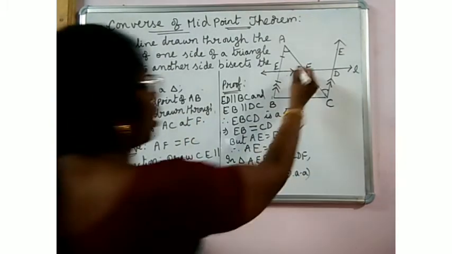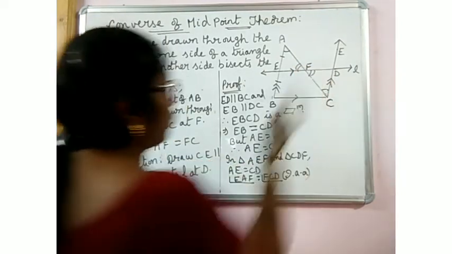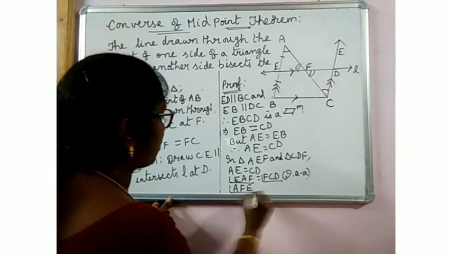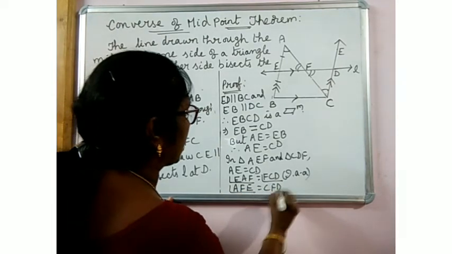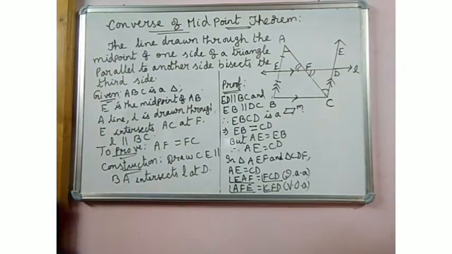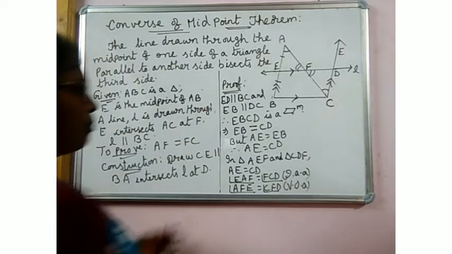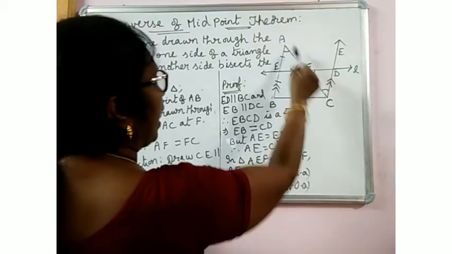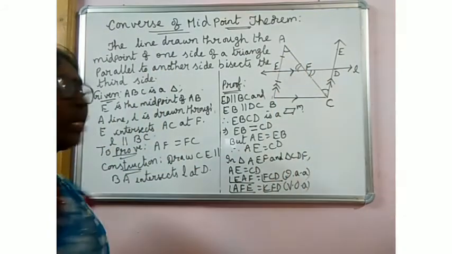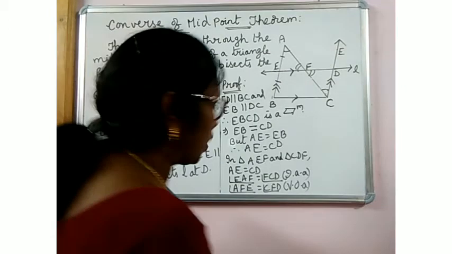And also these two are vertically opposite angles, that is angle AFE is equal to angle CFD because they are vertically opposite angles. So under the AAS condition, these two triangles are congruent.